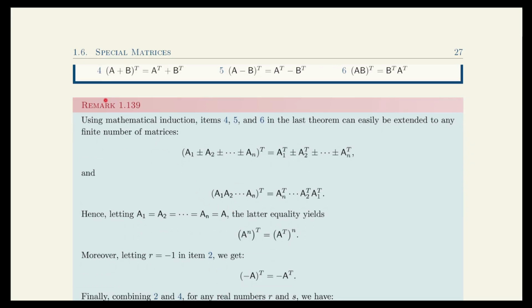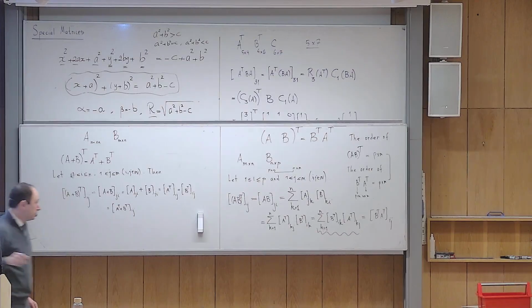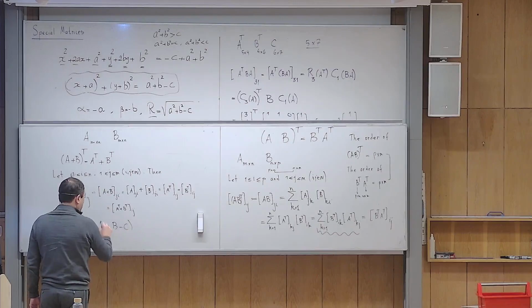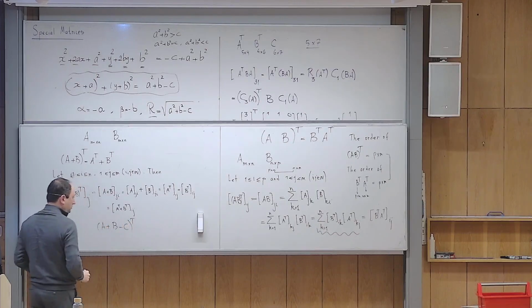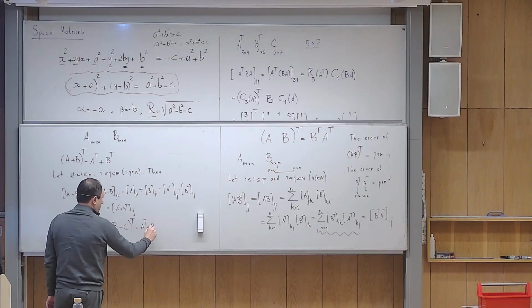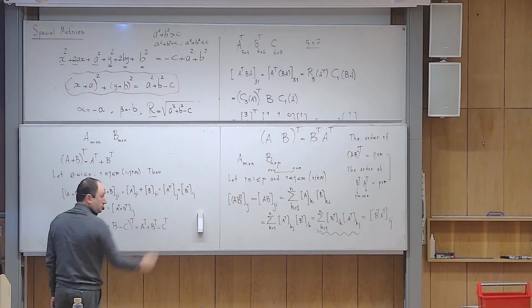Okay, so there are some interesting things coming in. I think these are simple. Using mathematical induction, you can combine these rules for more than two matrices. For example, if I give you the transpose of A plus B minus C, if these operations are doable, then you can write A transpose plus B transpose and then minus C transpose. Yes?